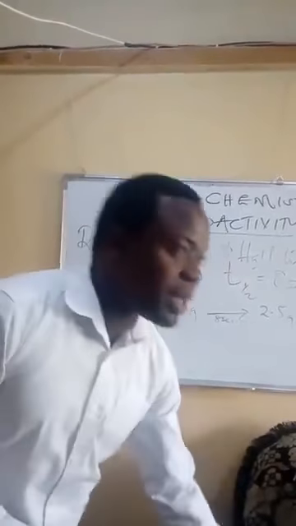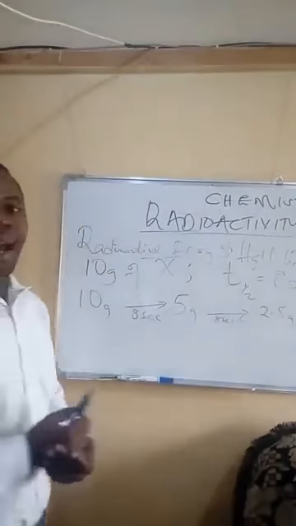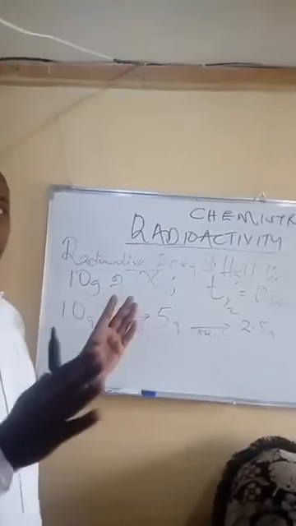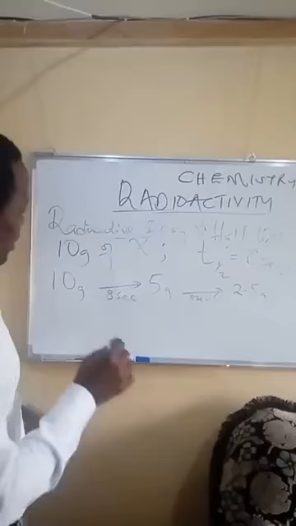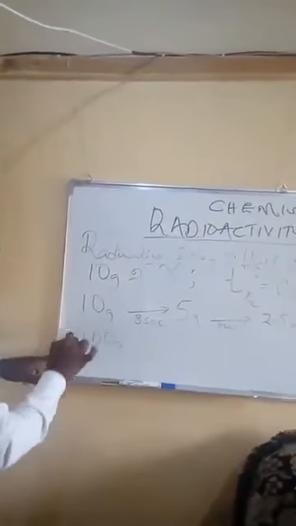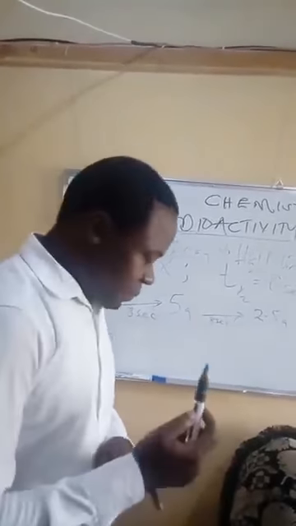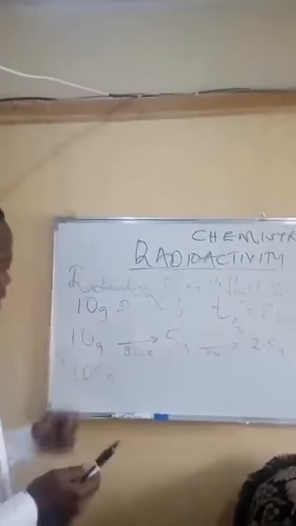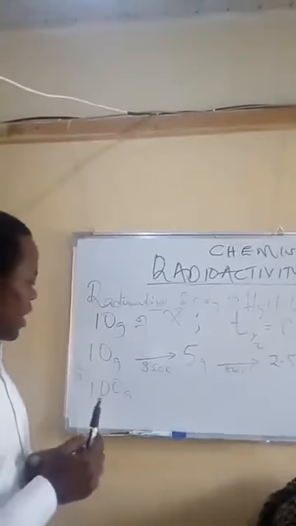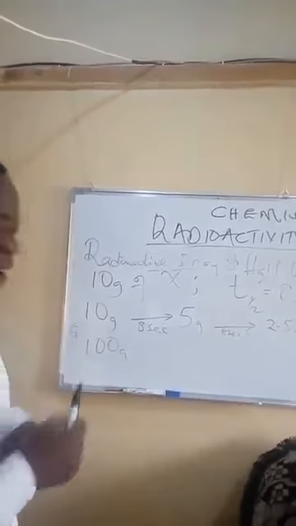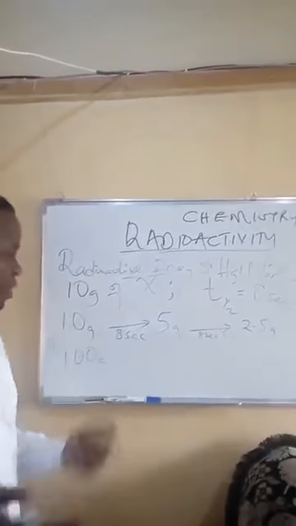Let me use an element Q. An element Q has a half-life X that we don't know, so we are required to find X. Now we had 100 grams of Q, and after 100 days, these 100 grams had reduced to 12.5. So what is the half-life of Q?